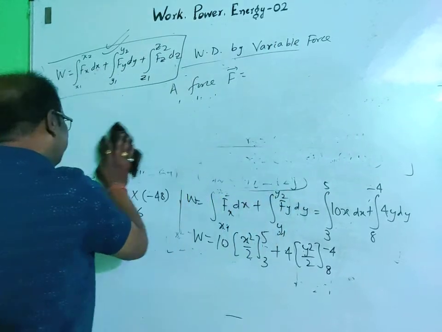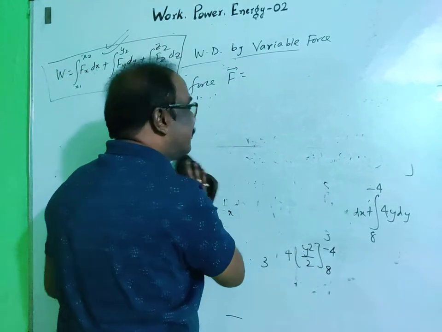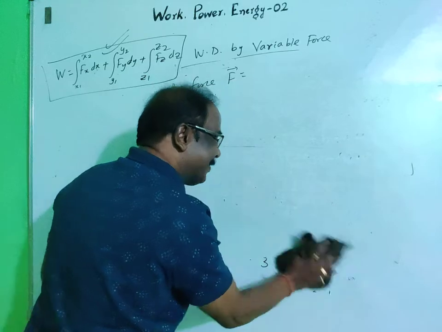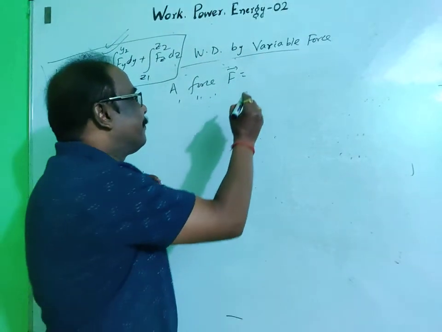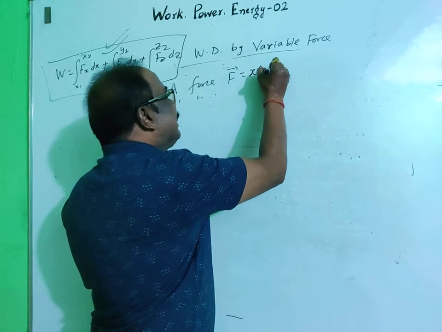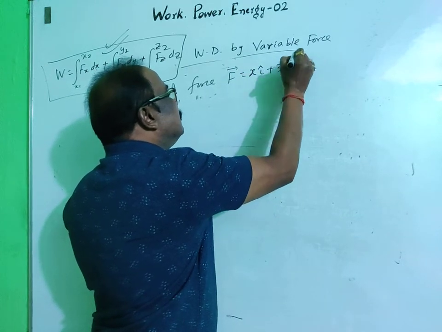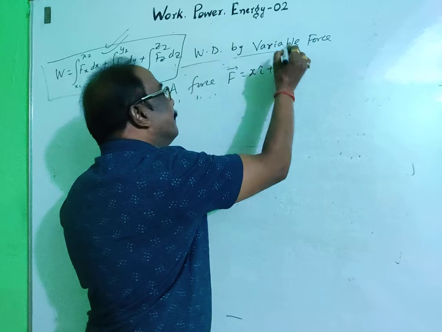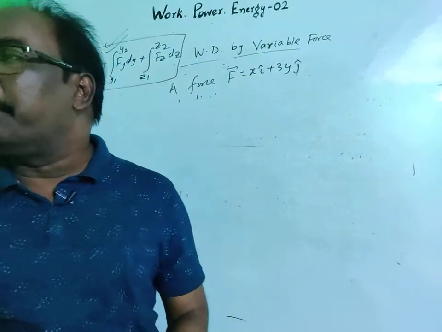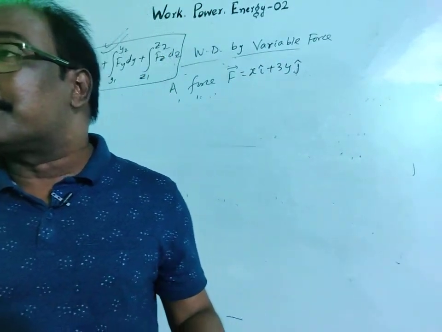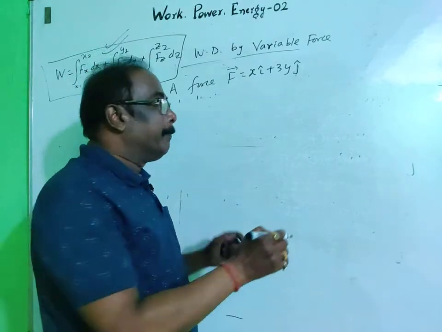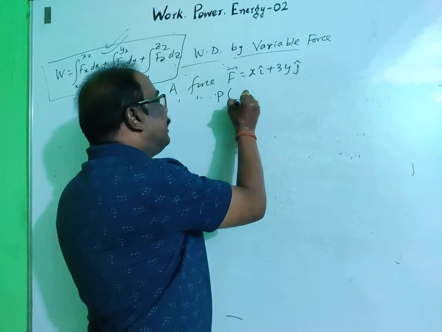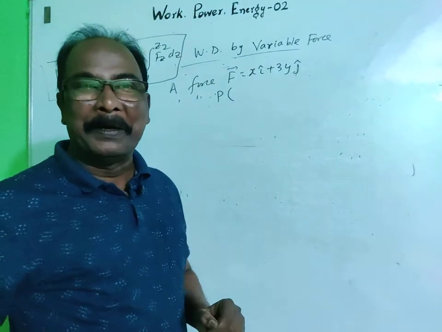Again a force. I am not erasing the force F. Again, the force F is equal to x i cap plus 3y j cap; again the force is in the xy plane. It displaces a body from point P, coordinates 2 meter, 3 meter, to Q. I am not writing the complete question.